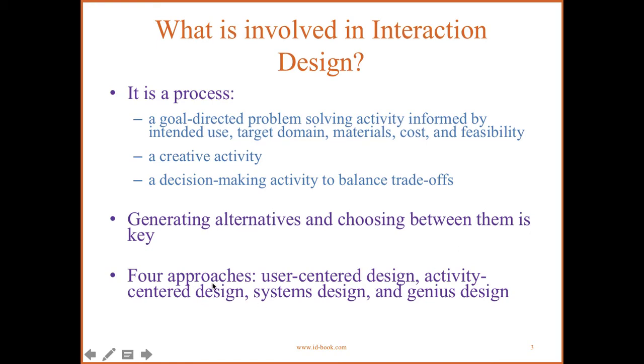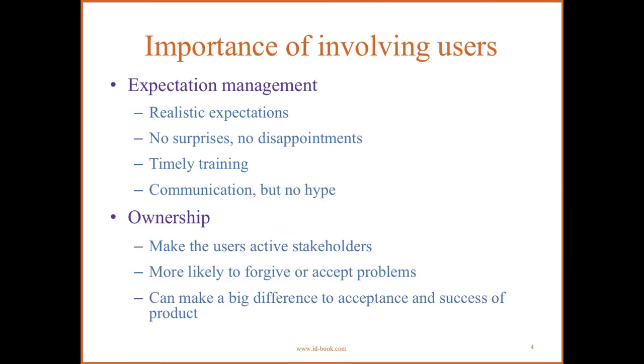Then four approaches are going to be highlighted. Number one is user-centered design. Number two, activity-centered design, systems design, and genius design. These might be involved in interaction design, but for you, we will just focus on the user-centered design approach. So why do we have to involve users?